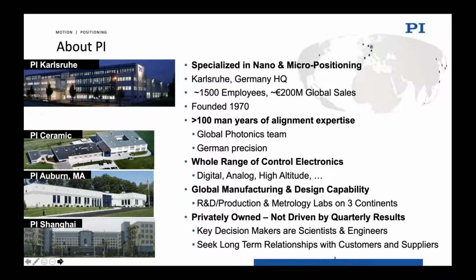PI is a manufacturer of nano positioning and micro positioning equipment. We are celebrating our 50th anniversary this year. We have made automated alignment and automated optimization a very important part of the company. We have over 100 man-years of alignment expertise. Basically, there are maybe 4 or 5 engineers in the world who have led the industry, and we have 2 of them.